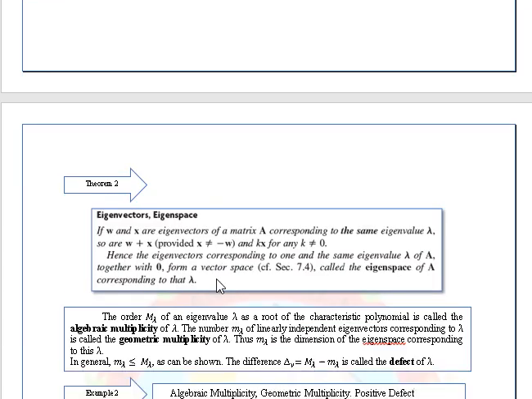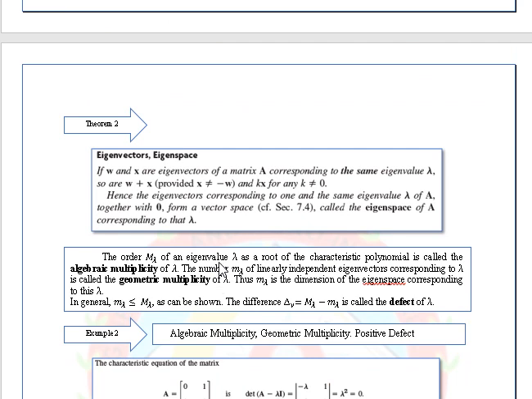Theorem 2. So we have here eigenvectors or the eigenspace. If W and X are eigenvectors of a matrix A corresponding to the same eigenvalue lambda, then so are W plus X, provided that X is not equal to negative W, and kX for k not equal to 0.